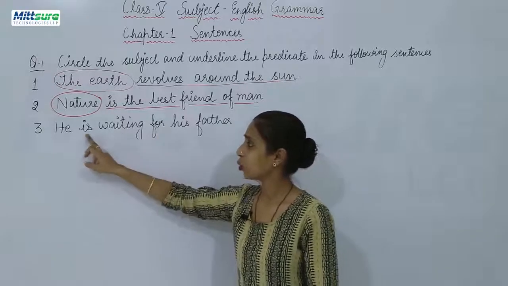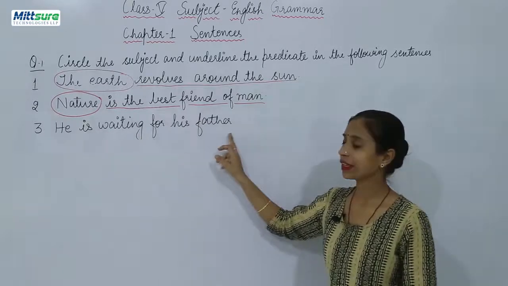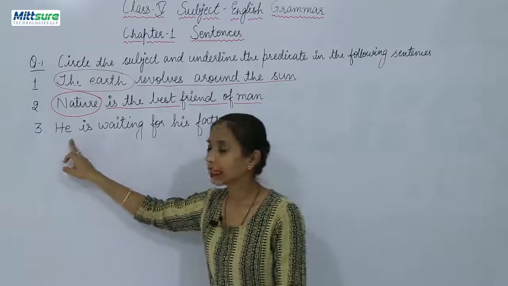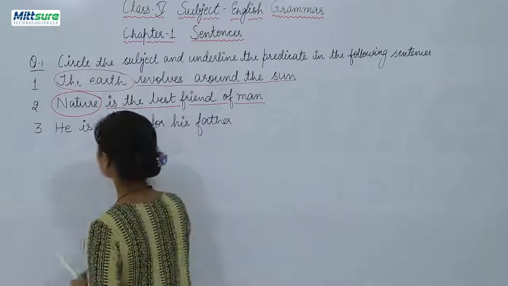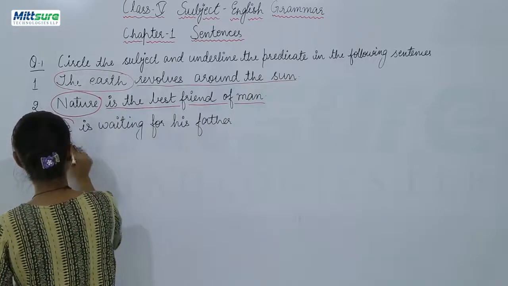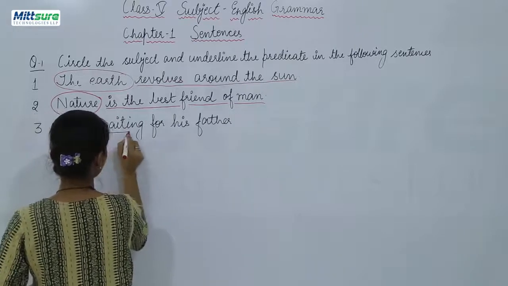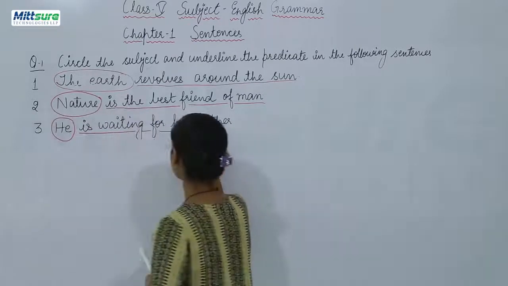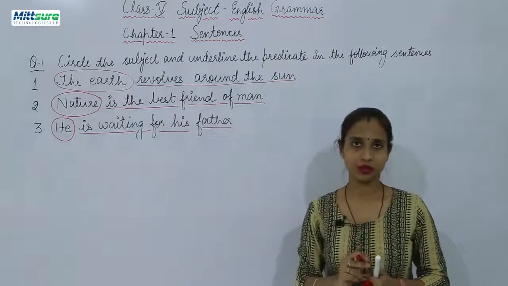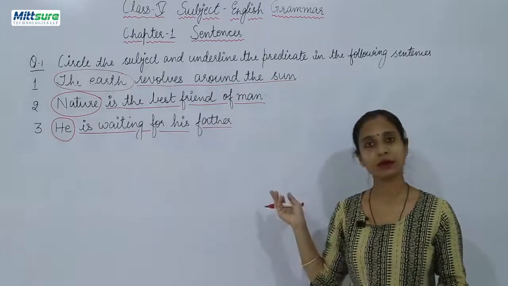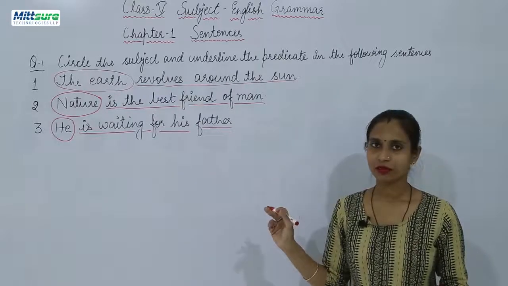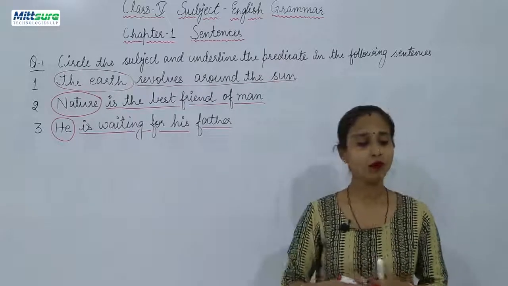Is waiting. Who is waiting for his father? He. So he will be the subject. Easy to make out? I hope there is no confusion. You just have to ask the question who or what. If you get the answer, that will be the subject and the rest part will be the predicate. Fine. Fourth statement.